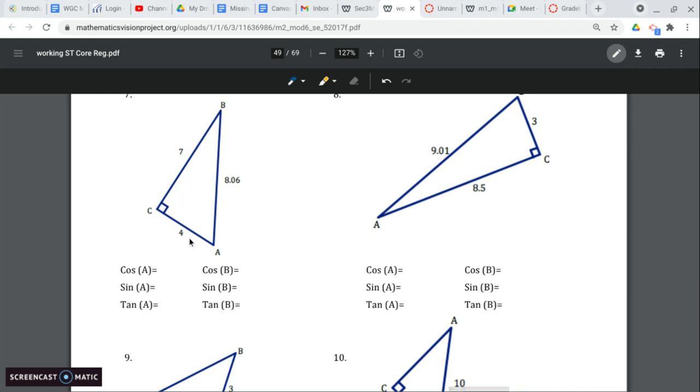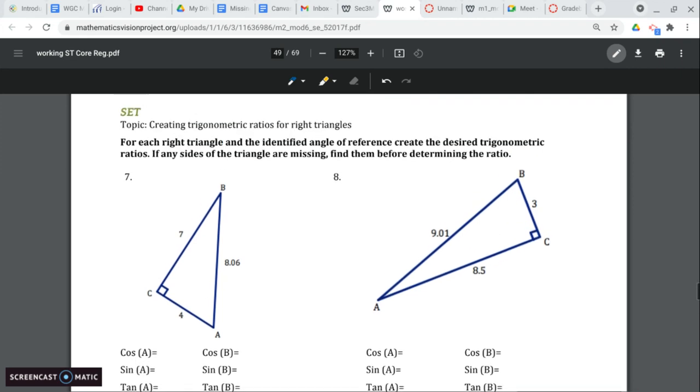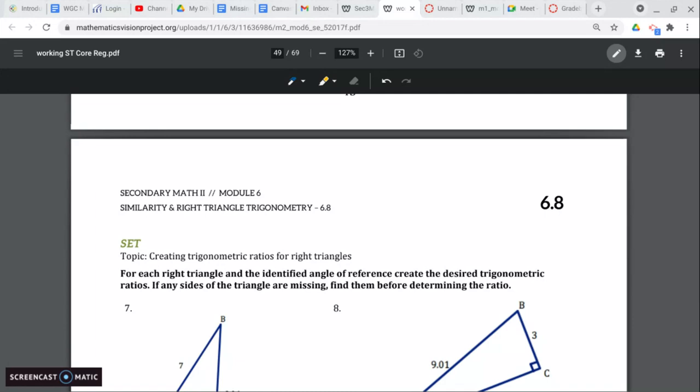So for finding our ratios, we have SOHCAHTOA. Sorry. SOHCAHTOA. This is sine, which is opposite over hypotenuse.